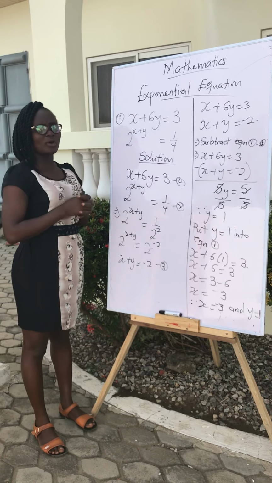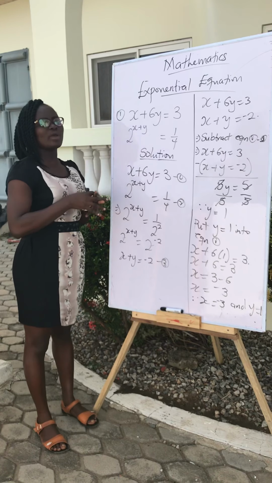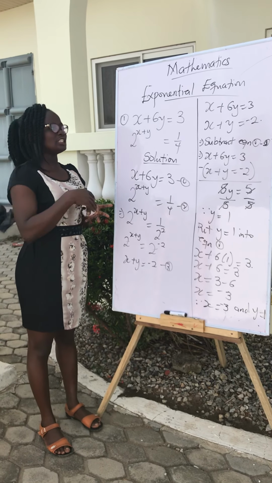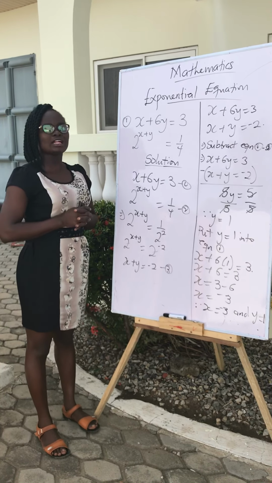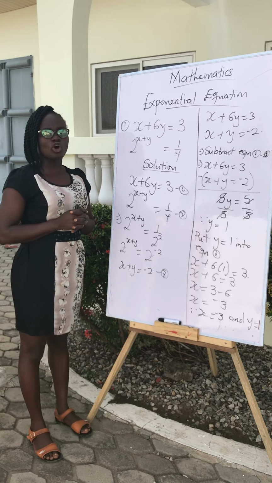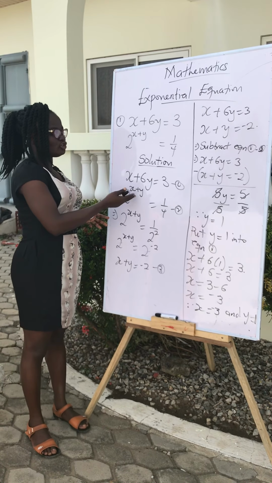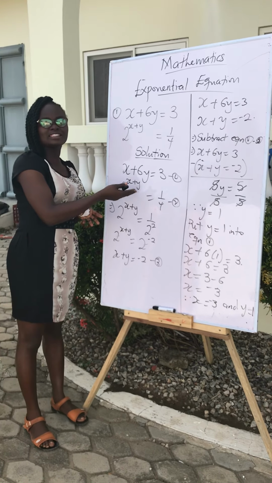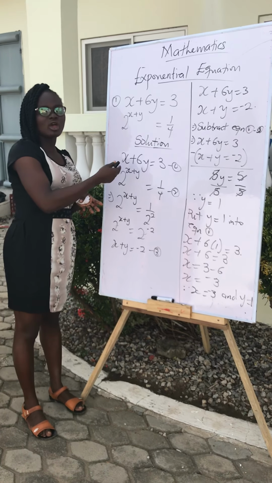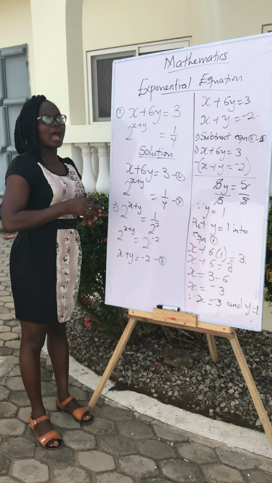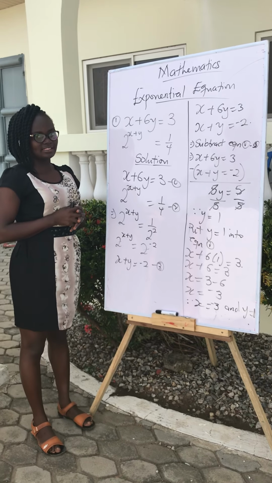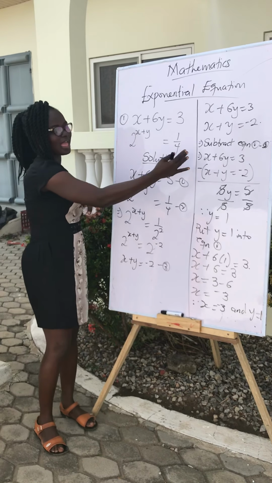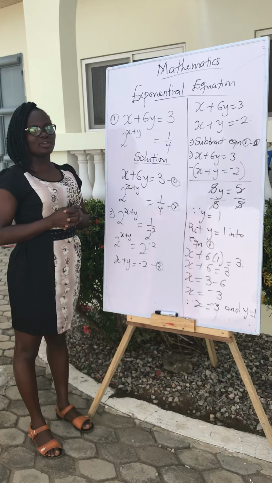In our example here, the first equation was linear. It was the second equation that we had to make linear. So we make the bases the same, then we drop the bases down and pick up our exponents. And we've solved it together.